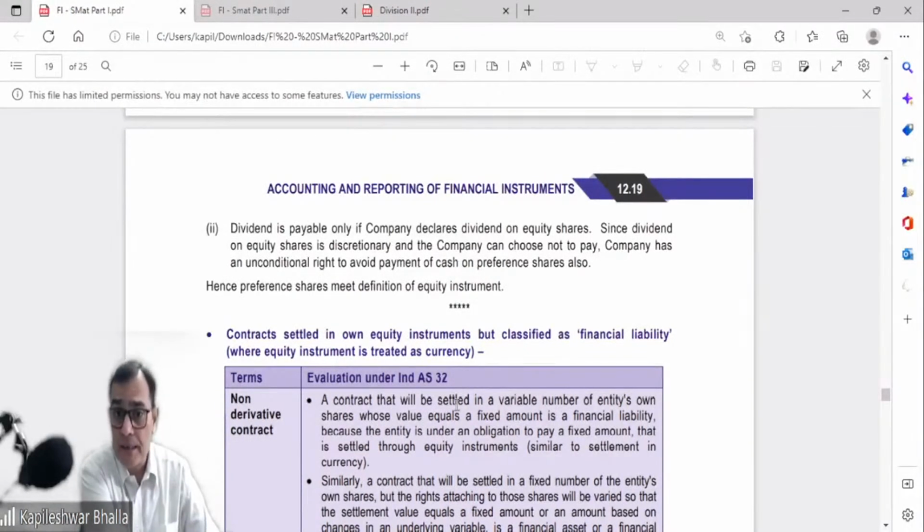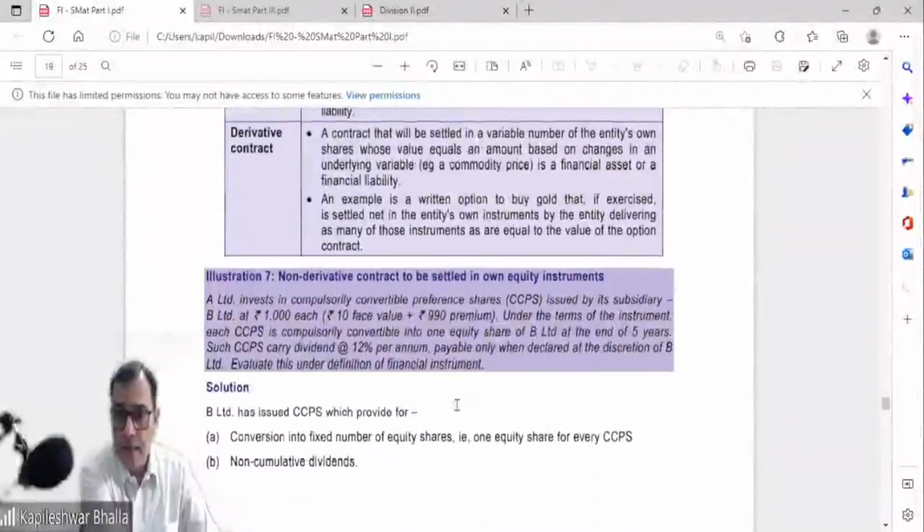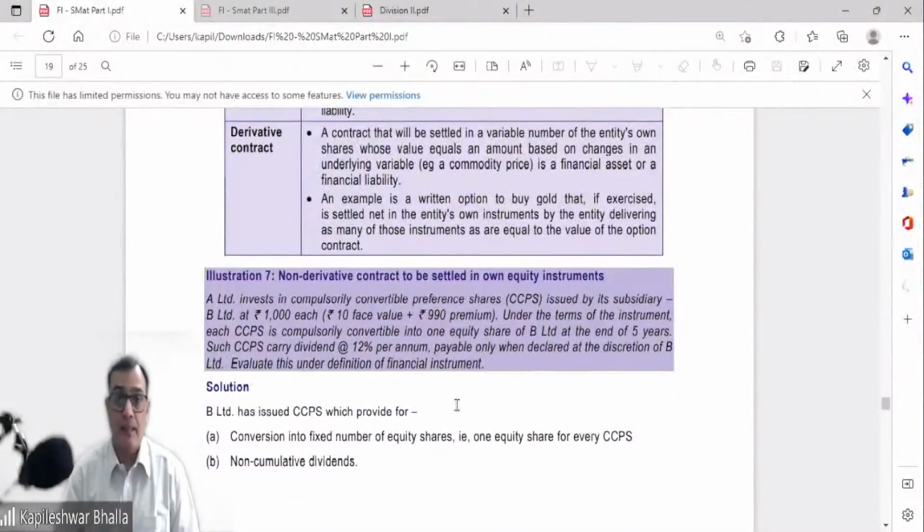Okay, so that's great. Let's have a look at more inputs now. Let's look at illustration number 7 further to get the concepts. Let's read illustration 7. It says A is investing in what we technically call CCPS. The word CCPS is very commonly used in practical areas.